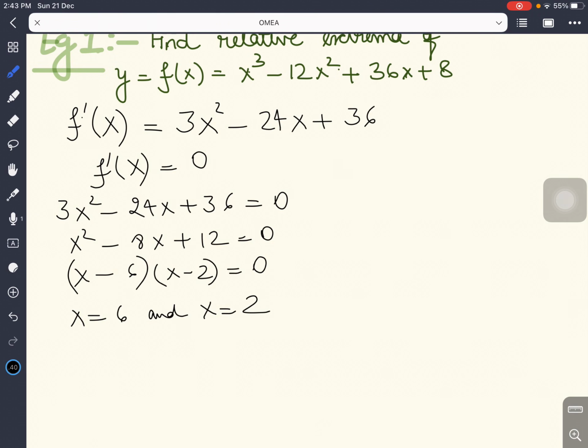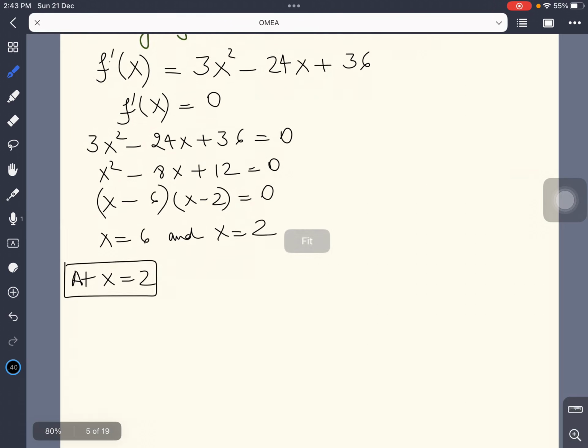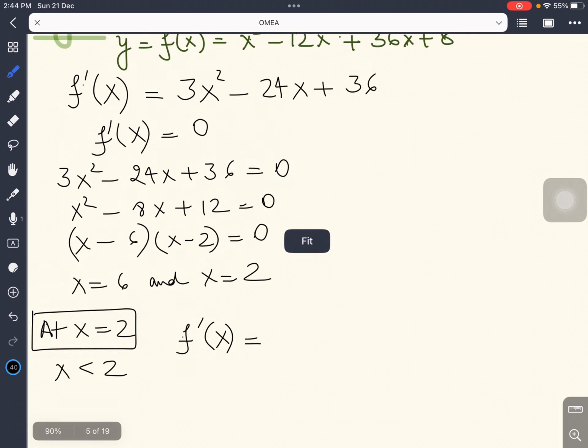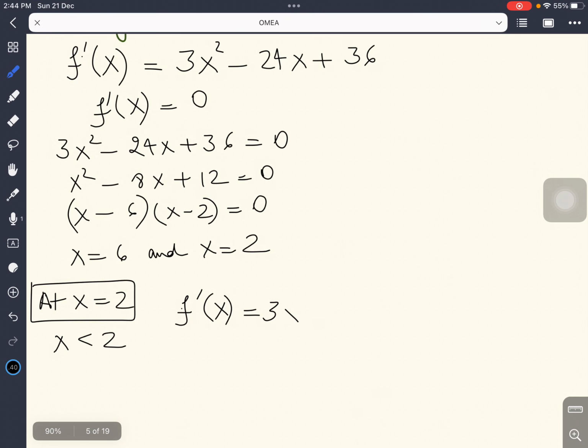Now what do we do? Let's look at x is equal to 2. At x equal to 2, we look at the points x less than 2. What is the value of our f dash x going to be? F dash x was 3x square minus 24x plus 36.